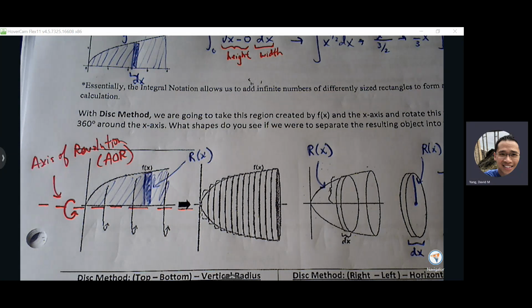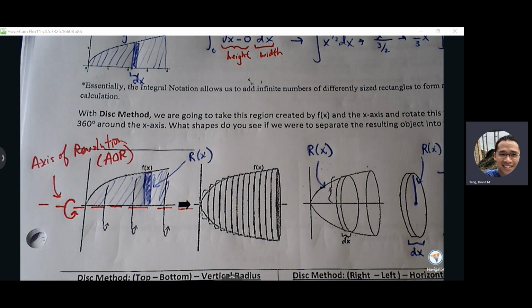There's no gap, right? Because it's a flat surface up against a horizontal line. That's what's going to make the difference later on when we talk about holes in the graph. So if you see a flat surface up against the axis of revolution, you know that we're going to do this method.